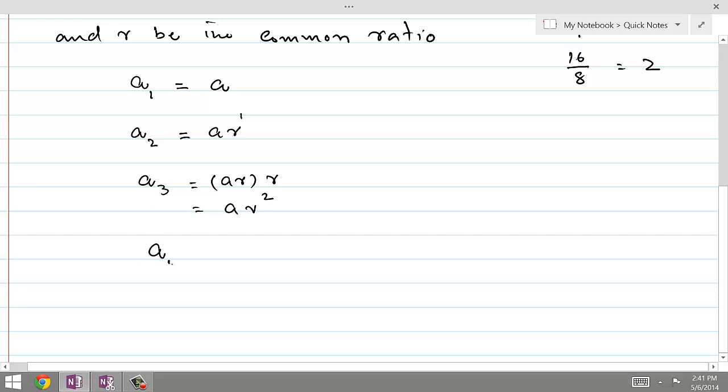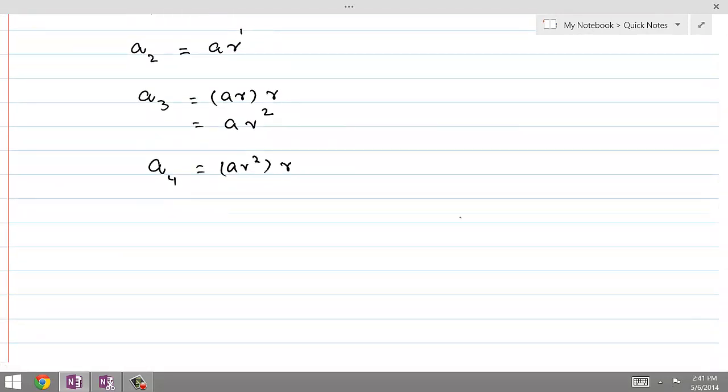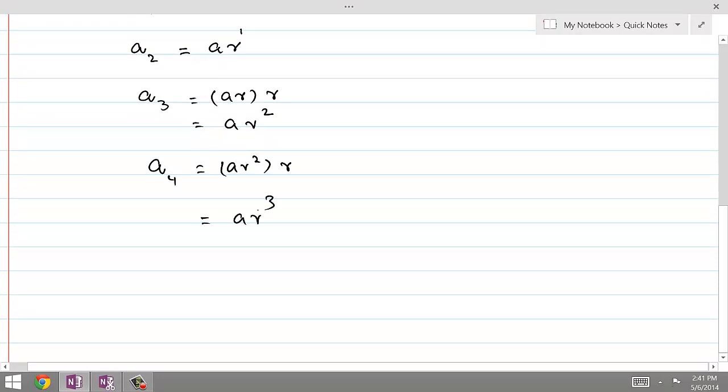A4 can be obtained by multiplying A3 with R again. So AR squared times R again. Each time we want to find the next term, we simply multiply by R again. So this will give us AR cubed.